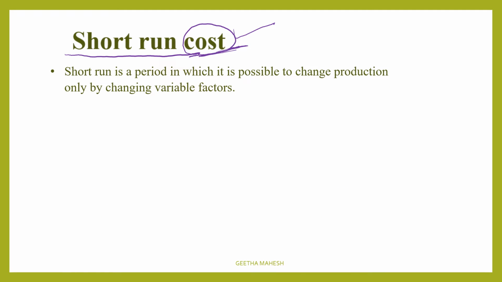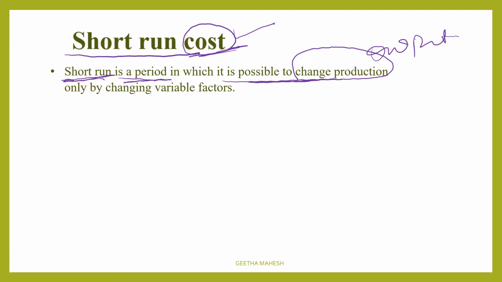And here, dear students, the short run is a period in which it is possible to change the production. It is possible to change the quantity of output only by changing the variable factors of production. Already we learned that factors of production are of two types. One is variable factors of production, another is fixed factors of production.